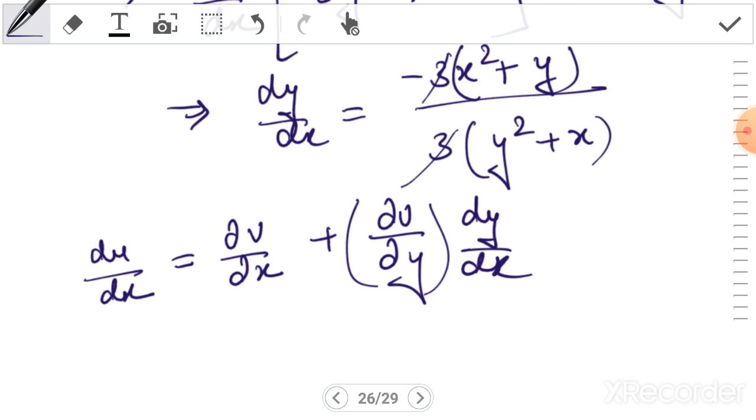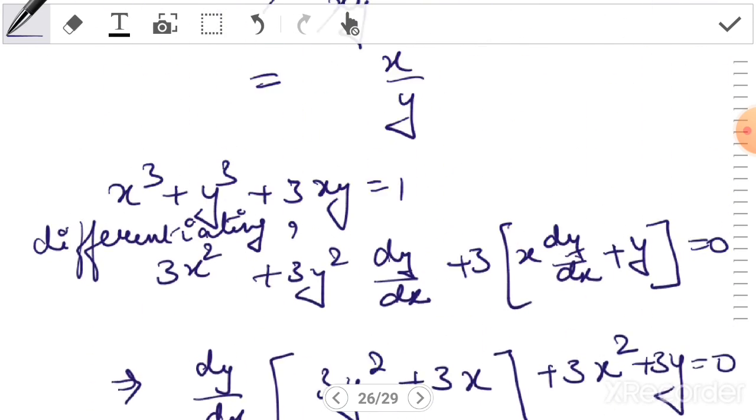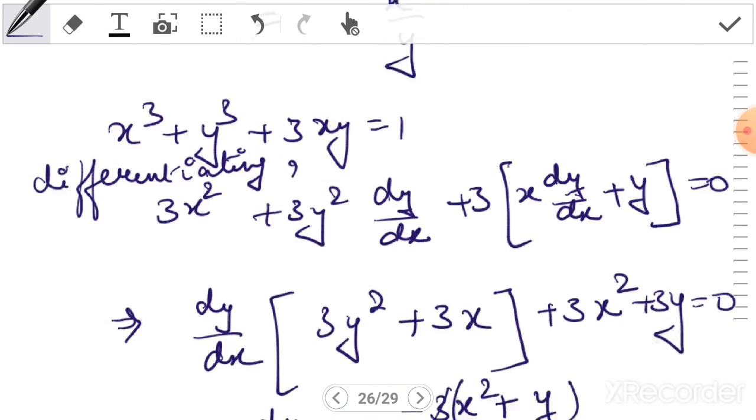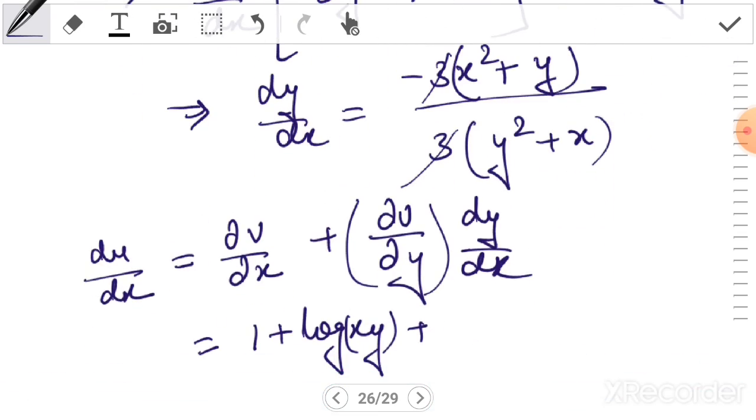Now putting the respective values in this equation, del u by del x is 1 plus log xy, del u by del y is x by y, and dy by dx is minus x square plus y by y square plus x.